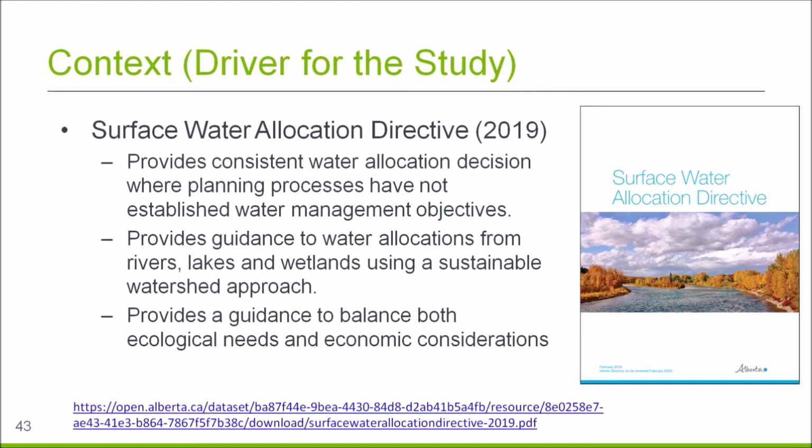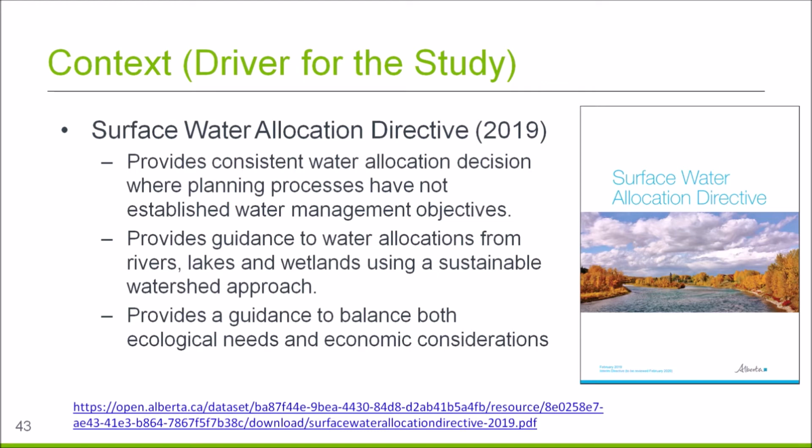It basically gives guidance on water allocation from rivers, lakes and wetlands, using a sustainable watershed approach, so that we keep water for ecological needs. At the same time, we allow water to be used for economic development.